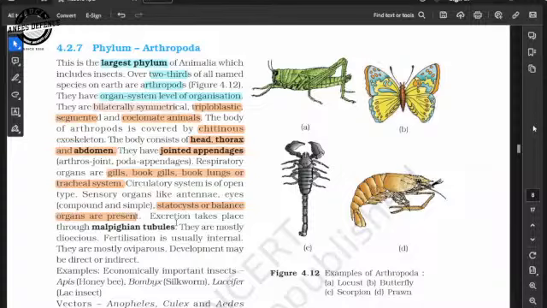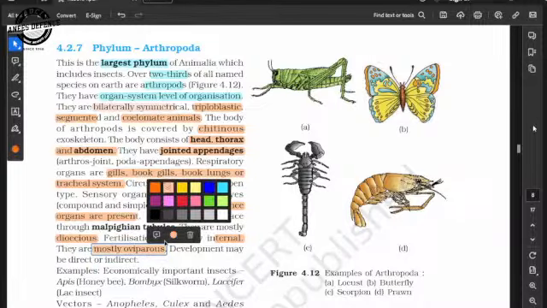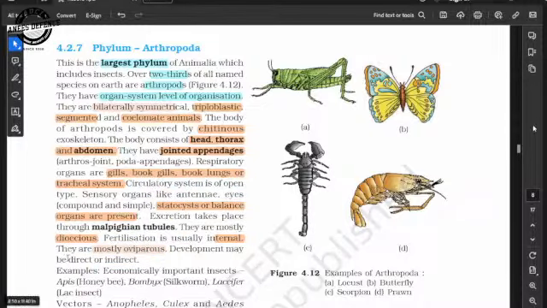Balancing organ. Excretion takes place through Malpighian tube. Mostly they are dioecious. Fertilization is internal. Mostly oviparous. Development may be direct or indirect.